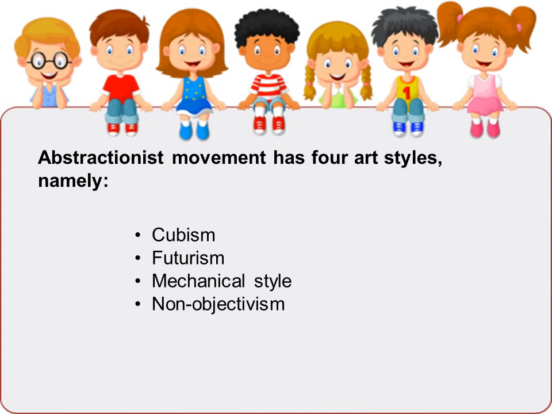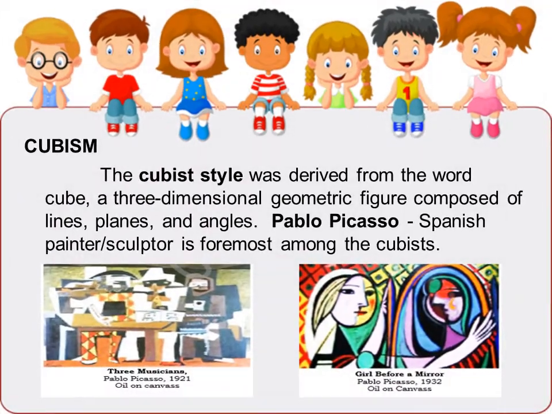The Abstractionist movement has four art styles, namely Cubism, Futurism, Mechanical style, and Non-Objectivism. First, we will discuss what is Cubism. The Cubist style was derived from the word cube, a three-dimensional geometric figure composed of lines, planes, and angles.